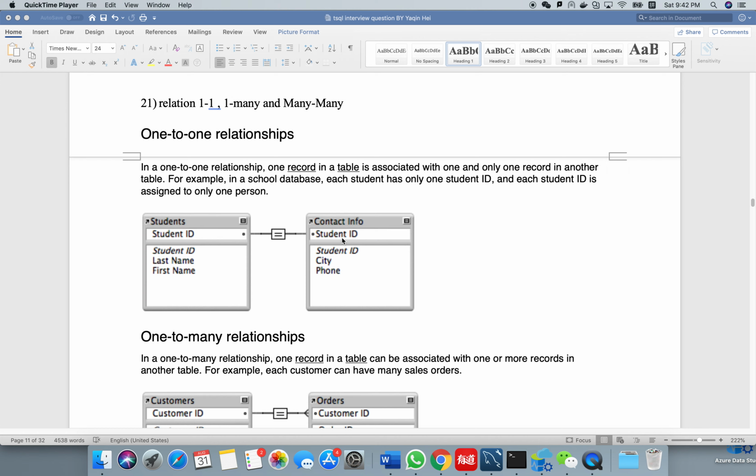This is the example of students and the students' contact information. The primary key for both is the student's ID. So every student in the students table has only one matching student ID in the contact information. They are a one-to-one relationship.